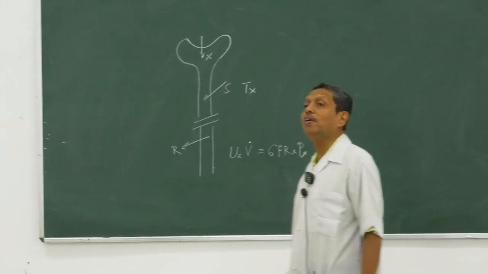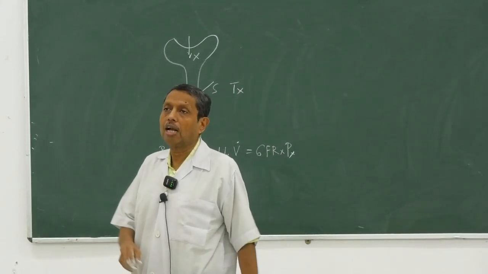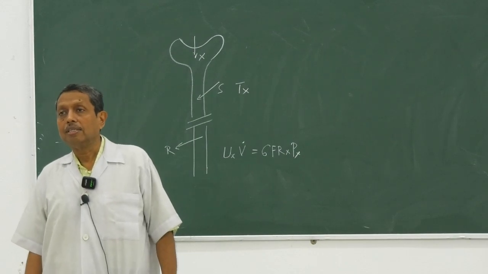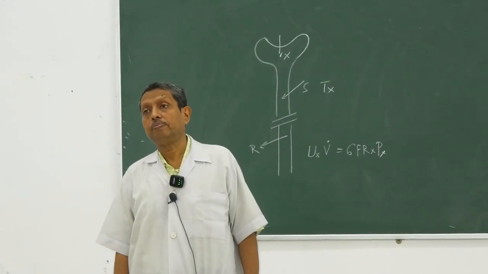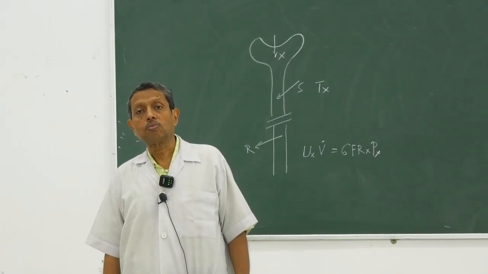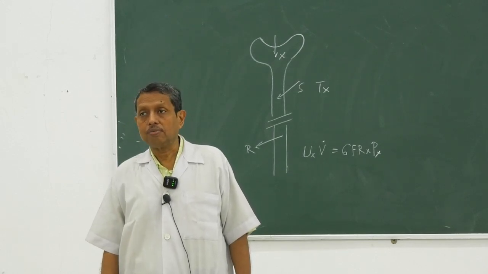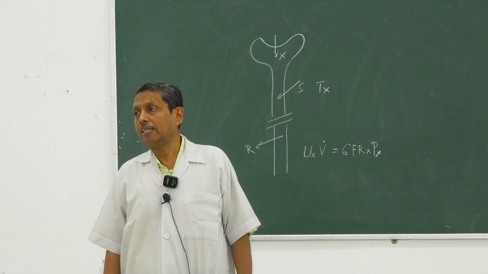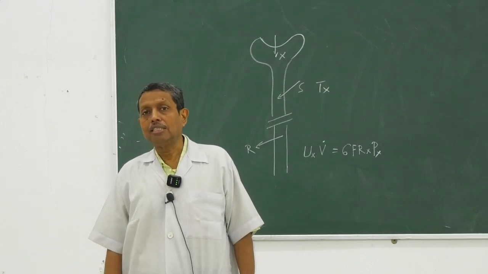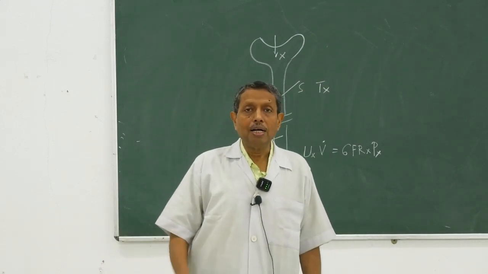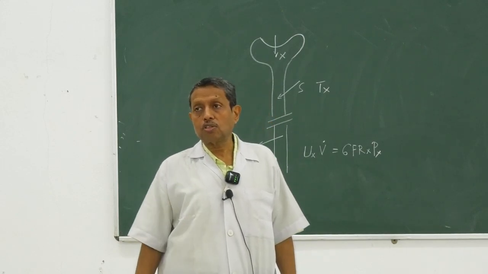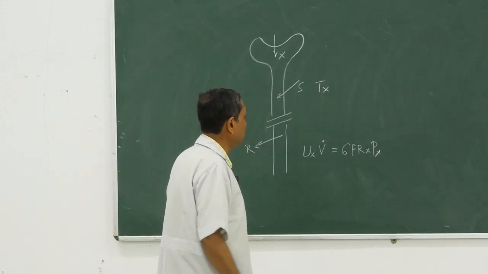Some substances are fully filtered, some are not filtered, some are partially filtered. Suppose glucose, amino acid, sodium, they are fully filtered. Means that this concentration in the plasma is equal to this concentration in the Bowman space.